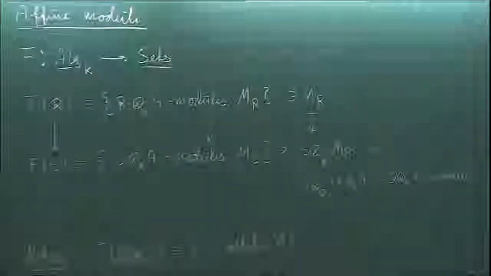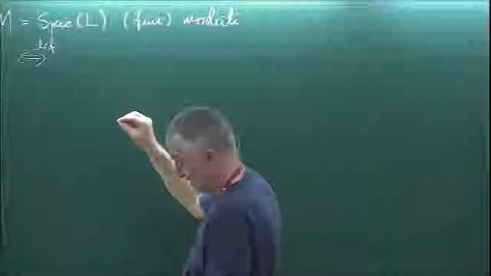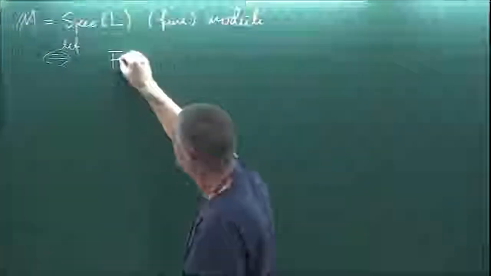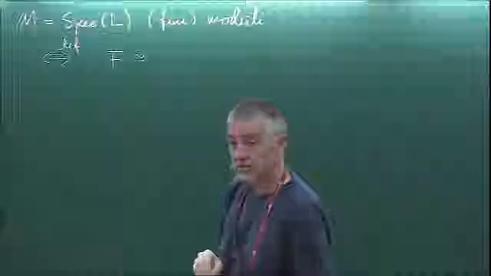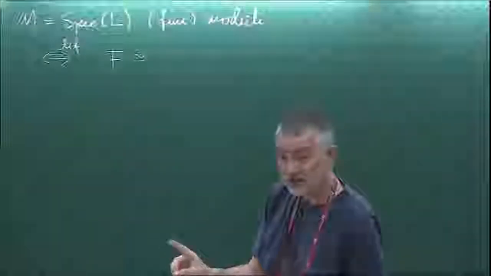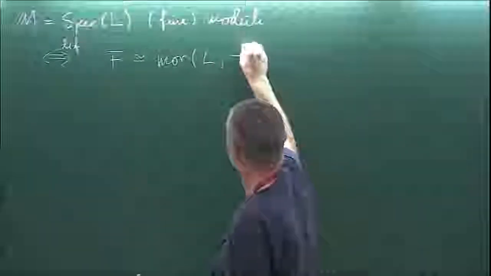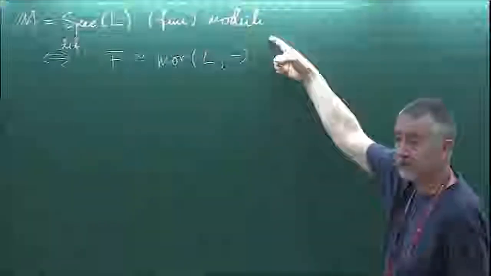This is equivalent, by definition, that F is isomorphic to, and now I do this algebraically, the morphisms of points from L. So this is the affine definition of moduli.